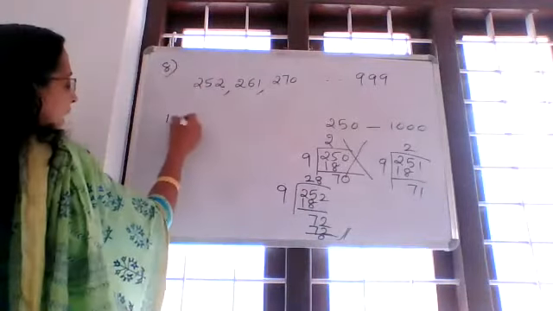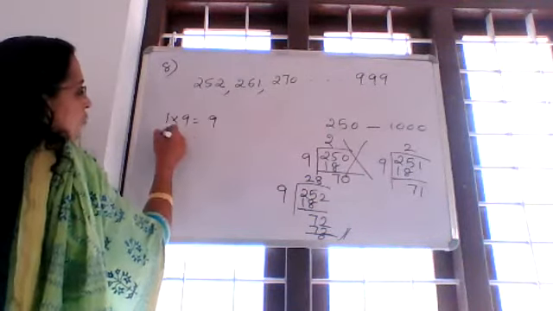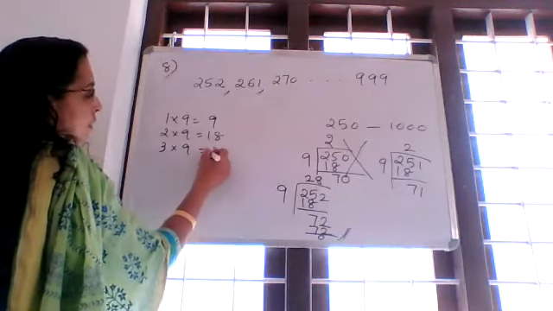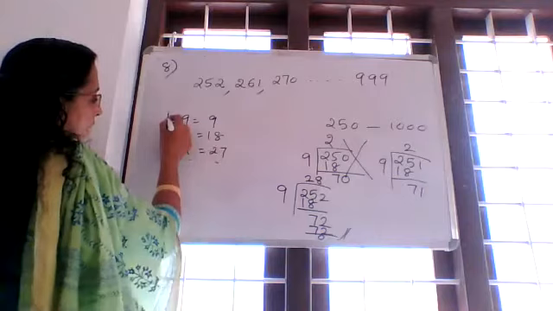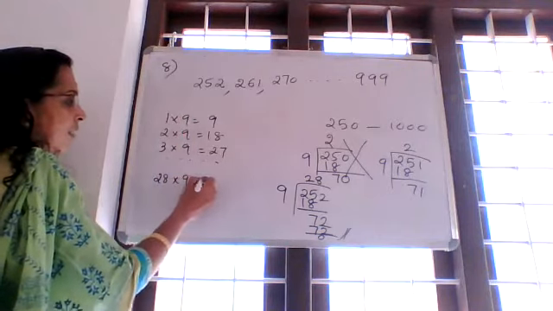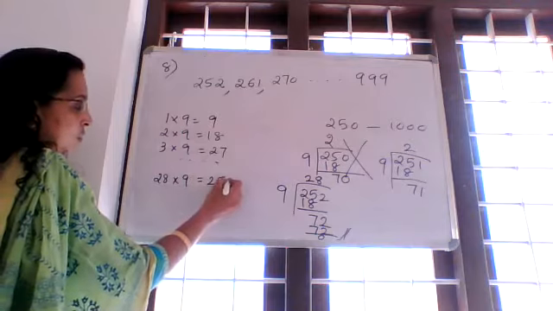We know 1 into 9 is 9, 2 into 9 is 18, then 3 into 9 is 27, etc. 28 into 9 is 252.